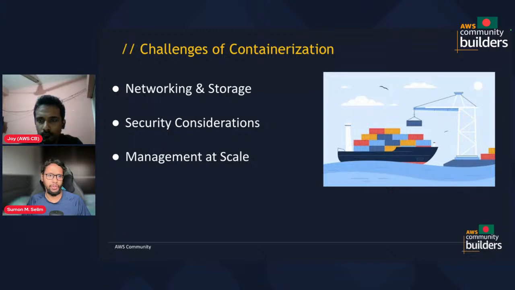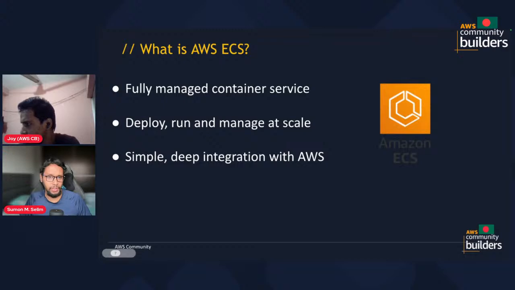I think we all have heard about the tool named Kubernetes, which makes container orchestration pretty straightforward and easy. There are also hosted solutions available from different cloud providers. For example, in AWS we have ECS, Elastic Container Service. That's what we are going to talk about in this session. So let's get in and know more about AWS ECS.